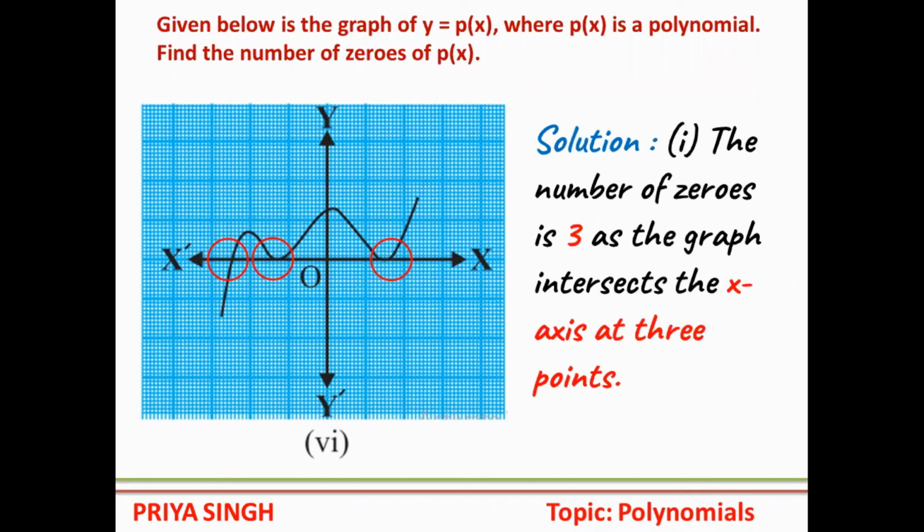Therefore the number of zeros is 3, as the graph intersects the x-axis at 3 points. So this is how we can calculate the number of zeros just by looking at the graph and finding the intersection points at the x-axis. Here we come to the end of our first exercise.